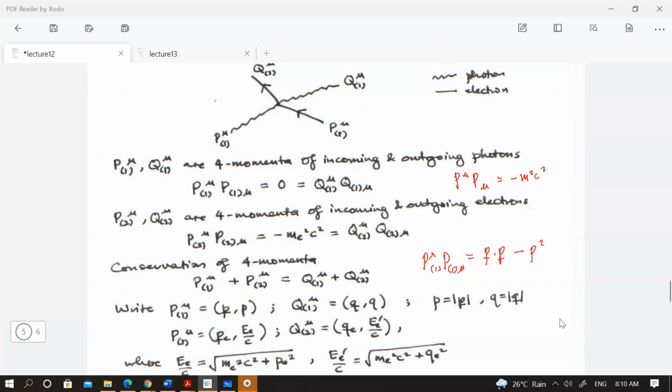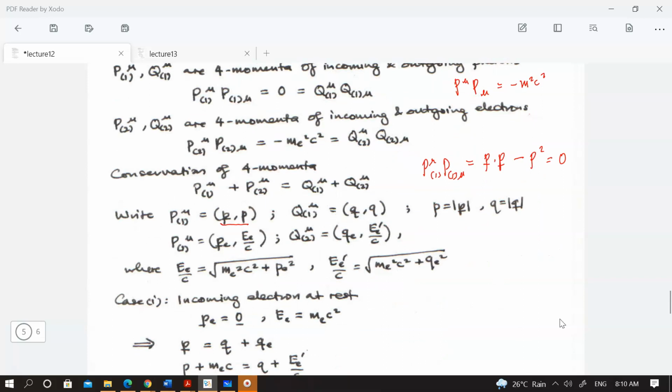But P dot P is essentially P squared, so P squared minus P squared is equal to 0. This is the general form for a particle with zero mass. It always has the three-momentum, and the fourth component is just the magnitude of that three-momentum. You can see the same for the four-momentum of the photon after the collision.